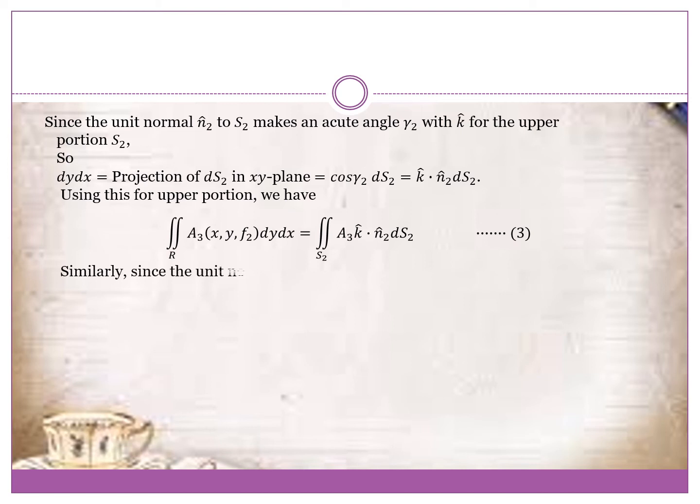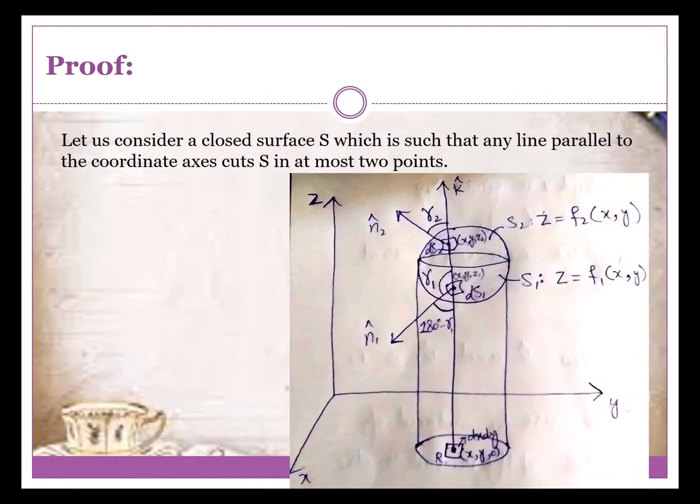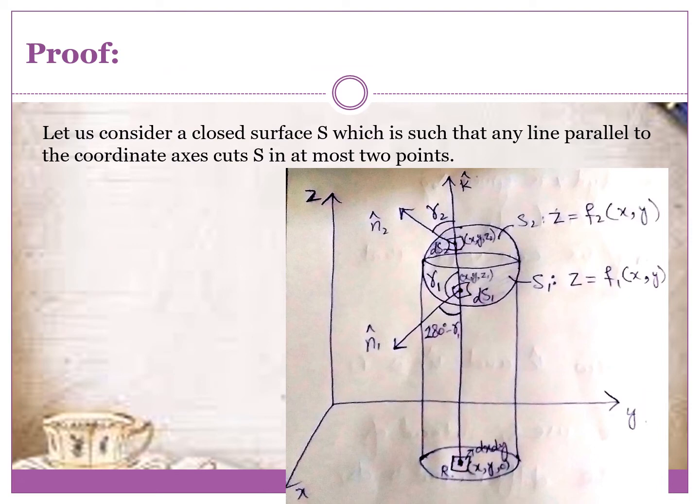Similarly, since the unit normal n1 to s1 makes an obtuse angle gamma 1 with k for the upper portion s1, if ds1 is projected on the xy plane, then its projection is again dy dx or dx dy.